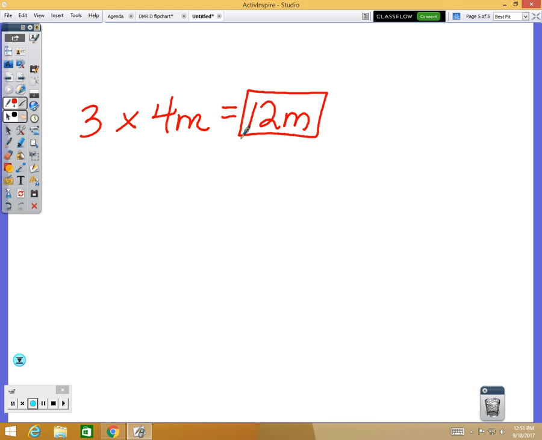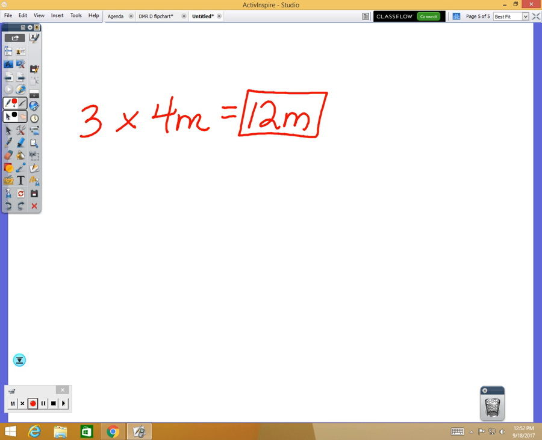Yep, these are notes, so you want to write everything down. No, we're not solving for m. A number in front of a variable is called a coefficient.